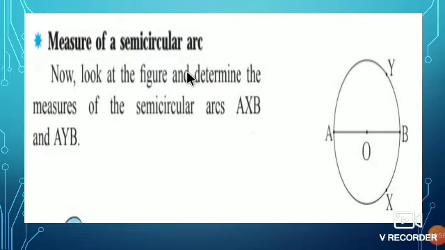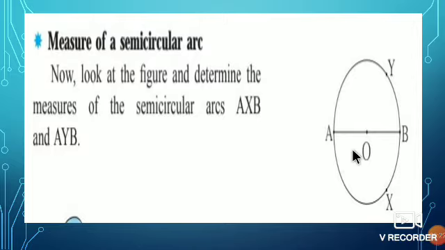Measure of the semicircular arc. A semicircular arc is formed when the circle is divided by the diameter. AB is the diameter here, and AYB and AXB are the semicircular arcs. The circle has a 360 degree measure, and it is equally divided into two parts.